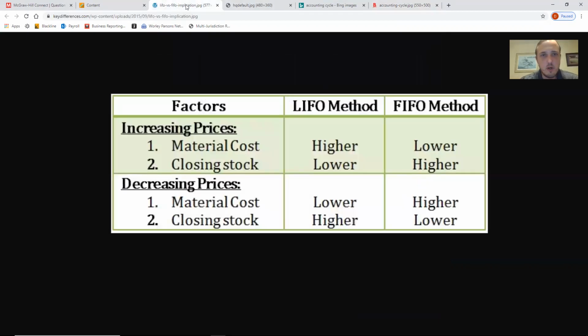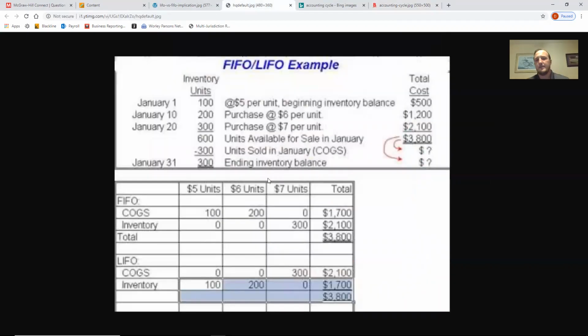So what we have is the FIFO and LIFO and the weighted average. With accounting, most people think that things are black and white. You look at a transaction, you figure out the journal, and you move on. But really, there's a lot of assumptions that have to be made, because in a perfect society, we would have all of the data necessary, and we could go through and do exactly the entry needed.